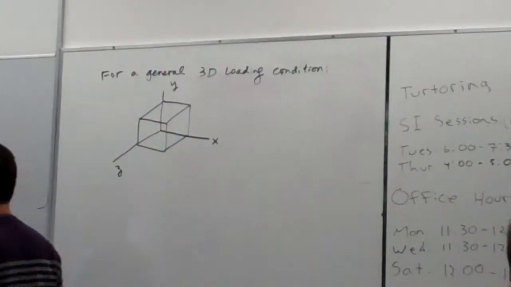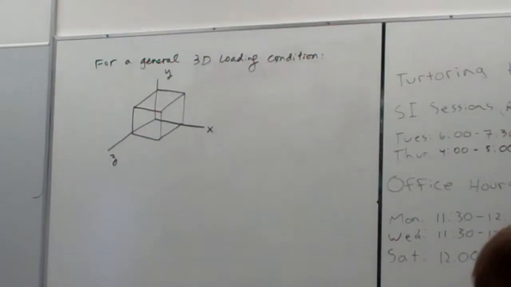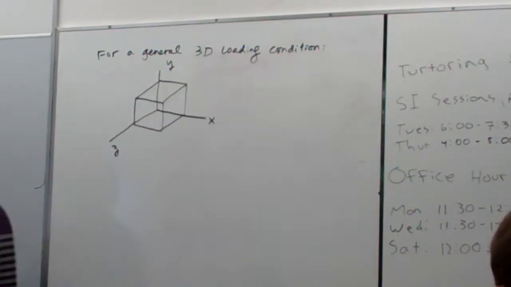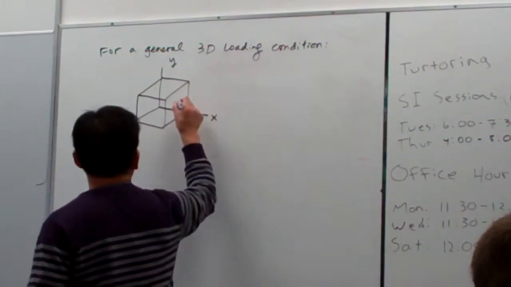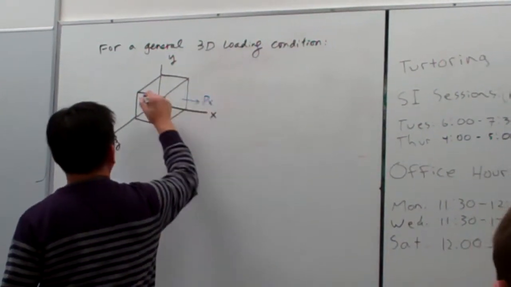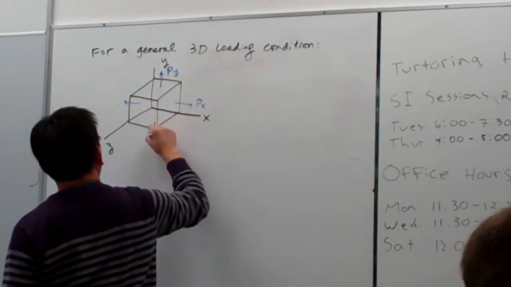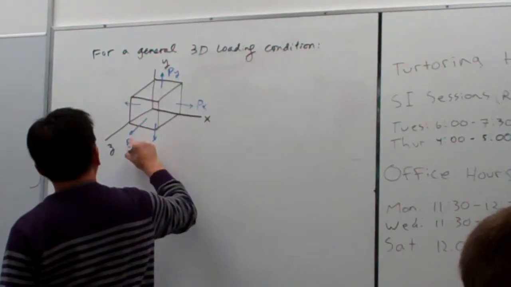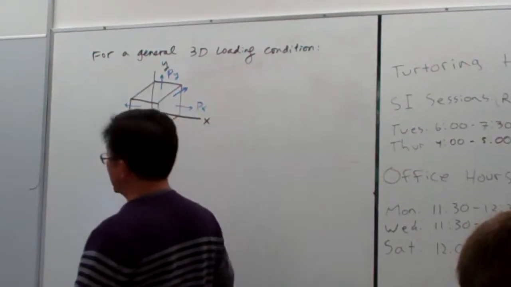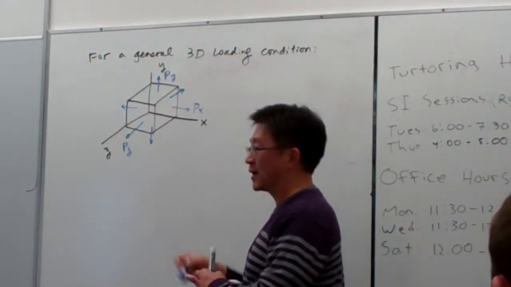For the general 3D loading case, that means in x, y, and z, we assume this kind of loading. For example, this is Px, this is Py, and this is Pz. So that means in all the directions, we could have the loading like this.